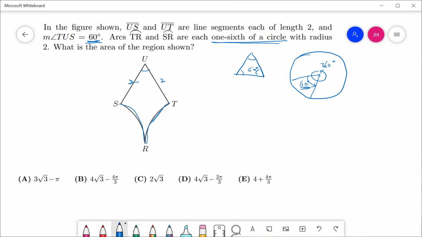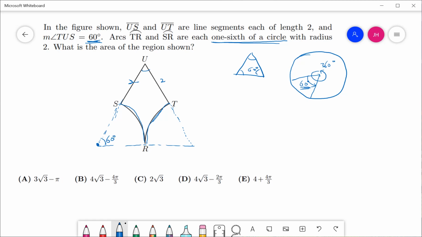So if we extend this line segment here, basically we are completing these arcs as well. It's not these arcs, but these fan-like shapes. And then we connect this. Do you see that? So if this is the center of the angle for arc SR, then this is 60 degrees.